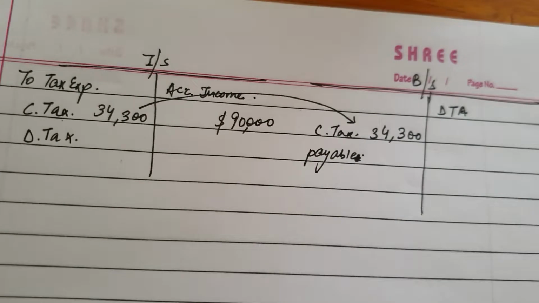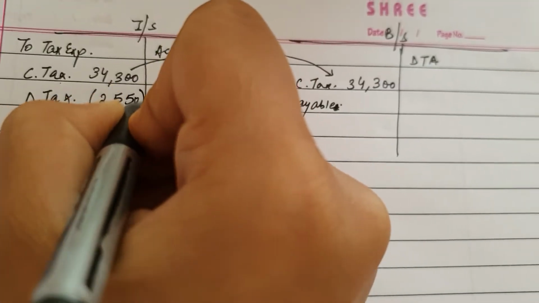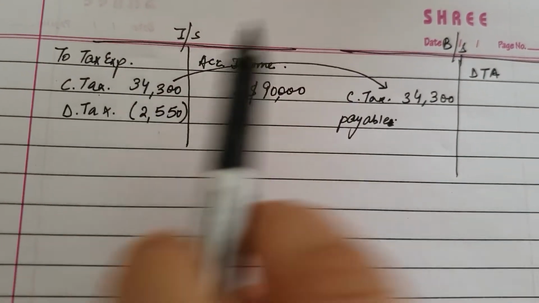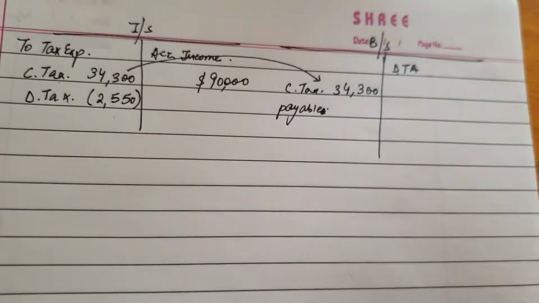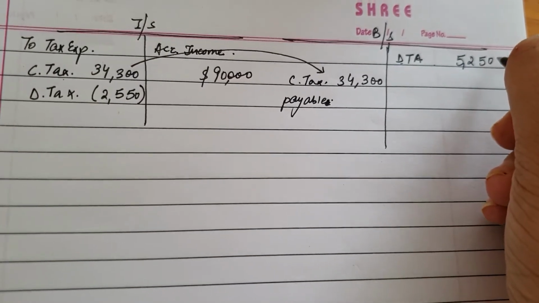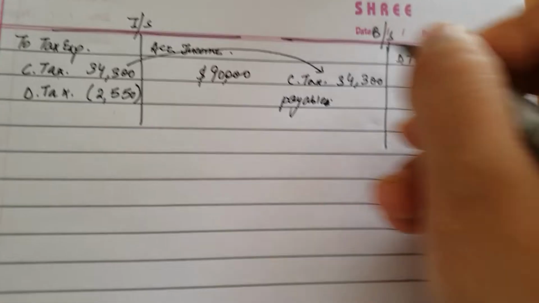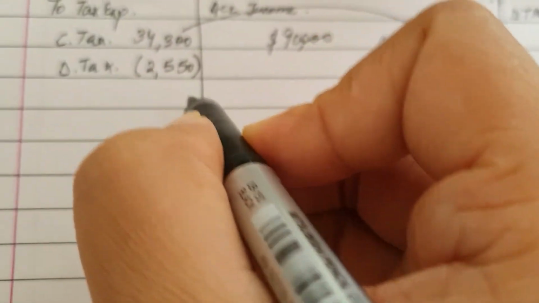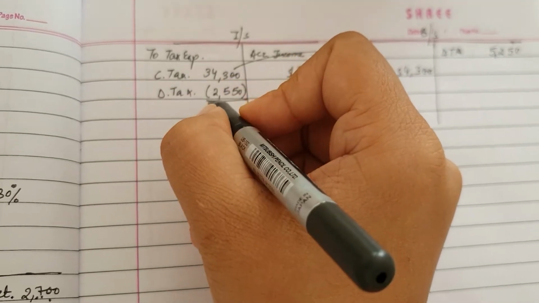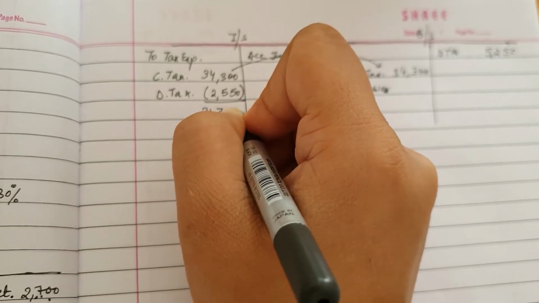So there would be a further $2,550 amount reducing from the tax expense because the deferred tax asset balance has increased to 5,250 from 2,700 as per last year's balance. So the adjustment is going to happen over here, and finally the tax expense is going to come out to be $31,750.